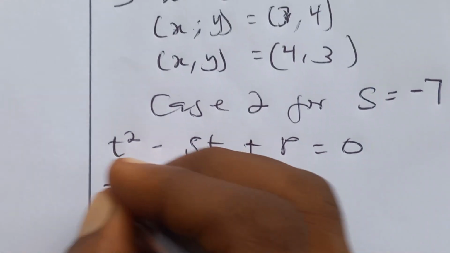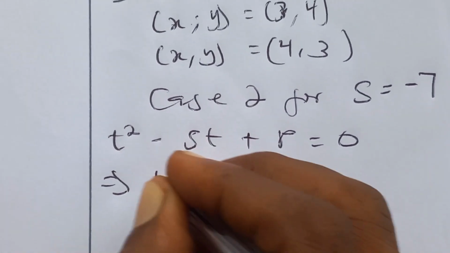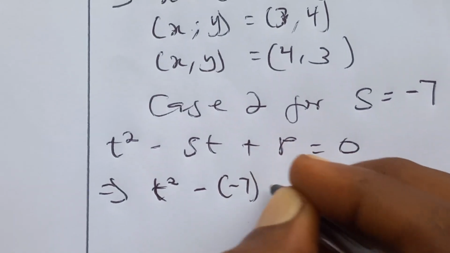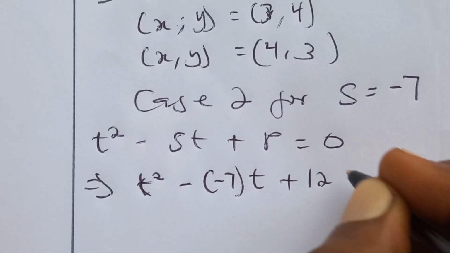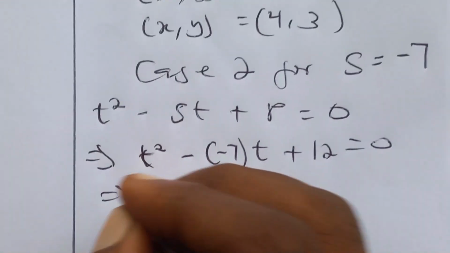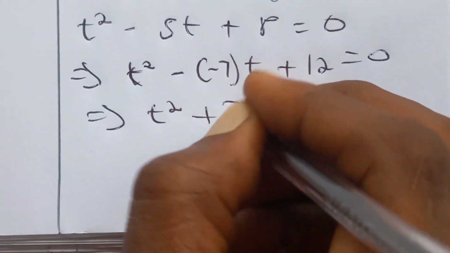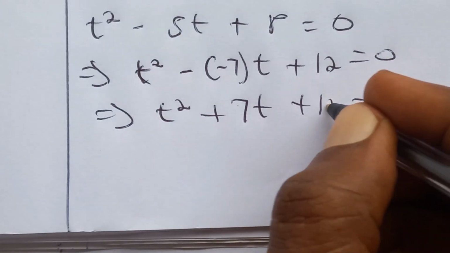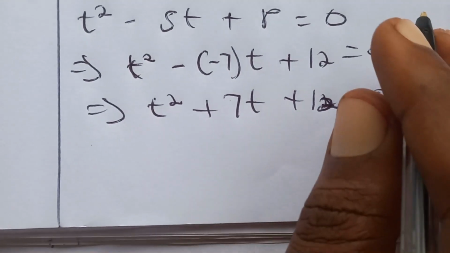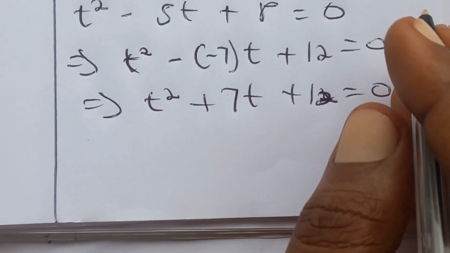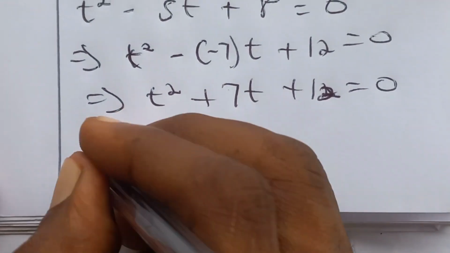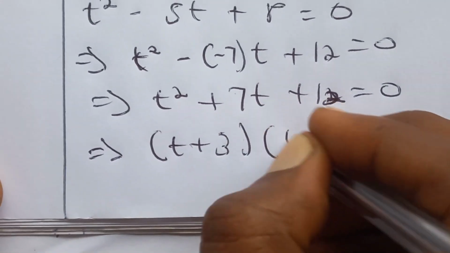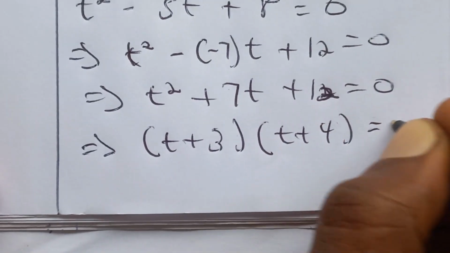Okay, so it will be t squared minus negative 7t plus 12 is equal to 0. So we simplify this, we get t squared plus 7t plus 12 is equal to 0. Now we look for the factors of this quadratic equation and we can see that the factors are t plus 3, t plus 4 is equal to 0.